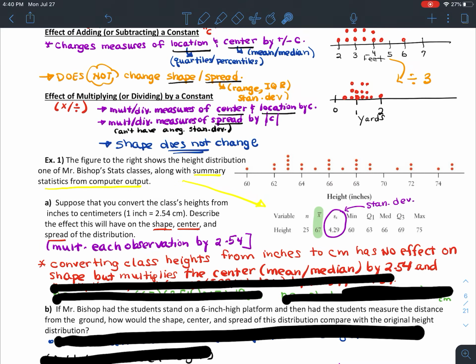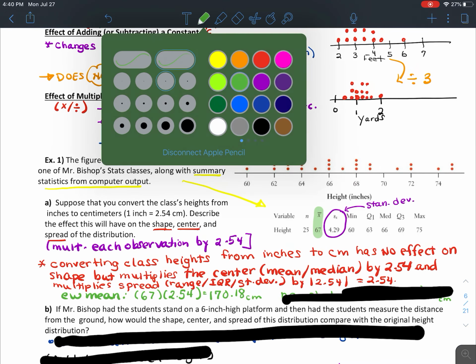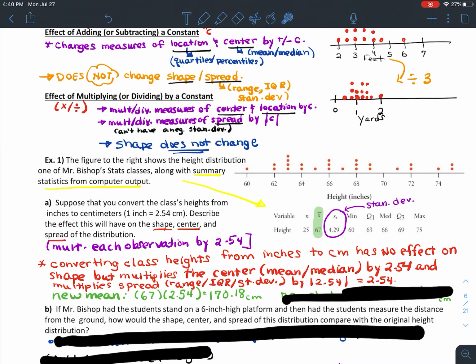So now your center, which was 67, is going to get multiplied by 2.54, and I'll show you what that new value would be. The new mean would be 67 times 2.54, which is 170.18 centimeters.